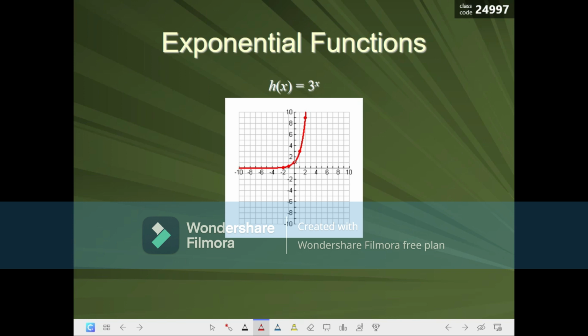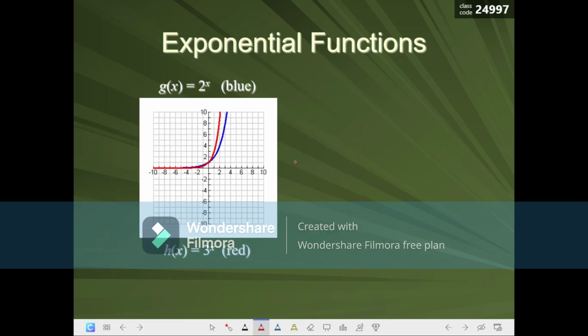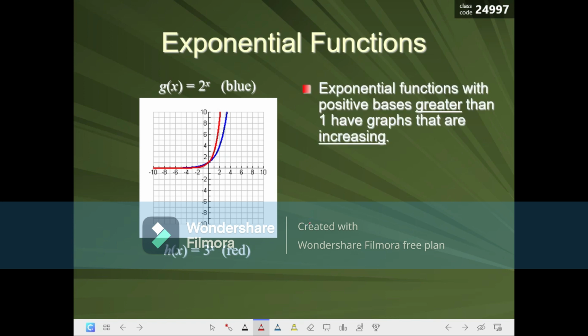Okay, so let's take a look. Now, if we are going to place the graph of the two exponential functions, g of x is equal to 2 to the power of x, which is the blue one, and h of x is equal to 3 to the power of x, which is the red one, then we have exponential functions with positive bases greater than 1 have graphs that are increasing.